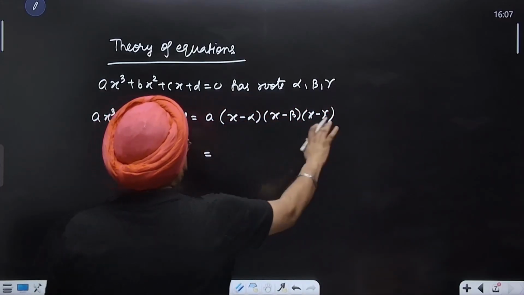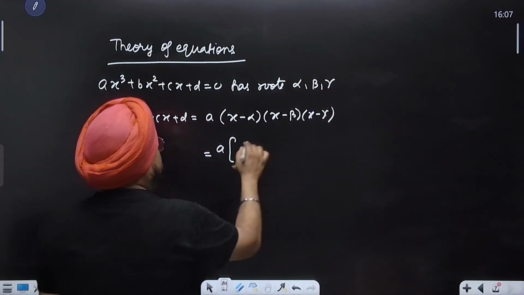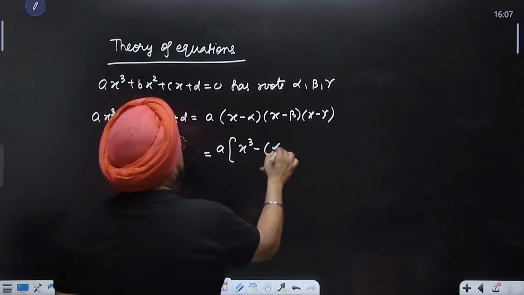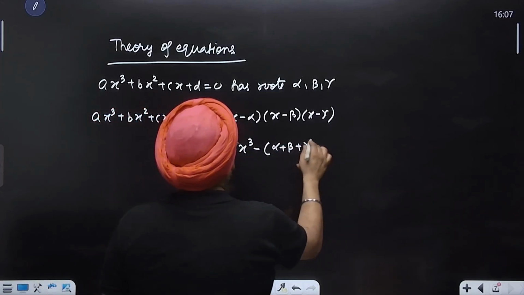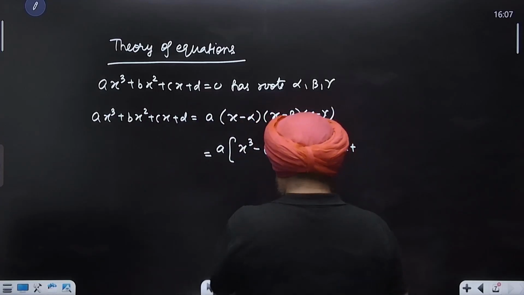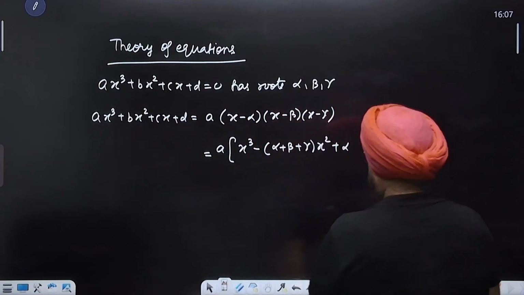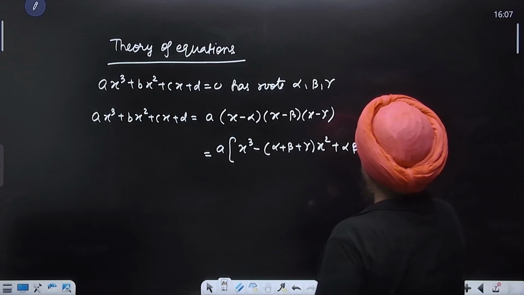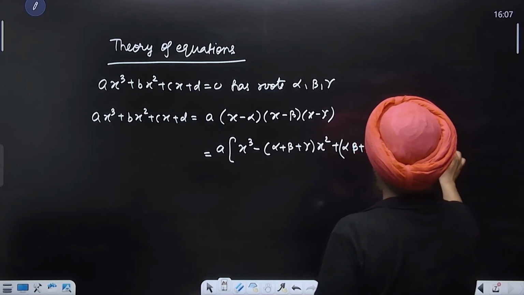Now, if I multiply this expression, I get x cube minus (alpha plus beta plus gamma), plus (alpha beta plus beta gamma plus gamma alpha) x, minus alpha beta gamma.